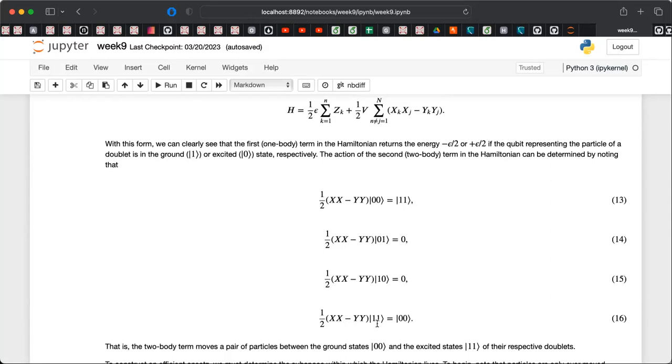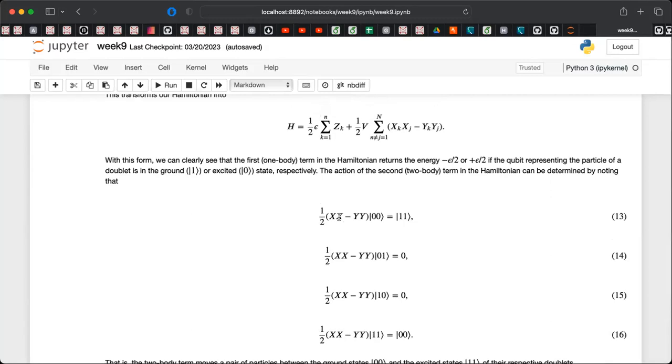Now, when we are going to implement this, we cannot write this as a product of two Pauli matrices, Pauli X and Pauli Y matrices. And the reason for that is that the computational basis which we are using, 0 and 1, are not eigenstates of the Pauli X and the Pauli Y matrices, but they are eigenstates of the Pauli Z matrices.